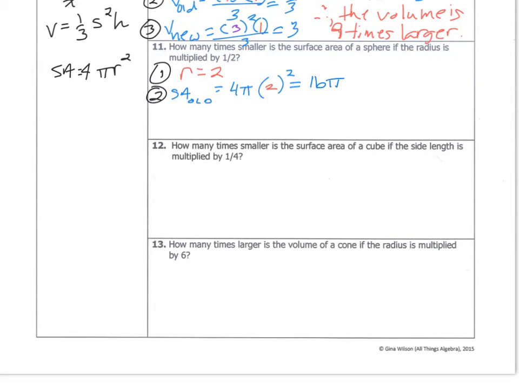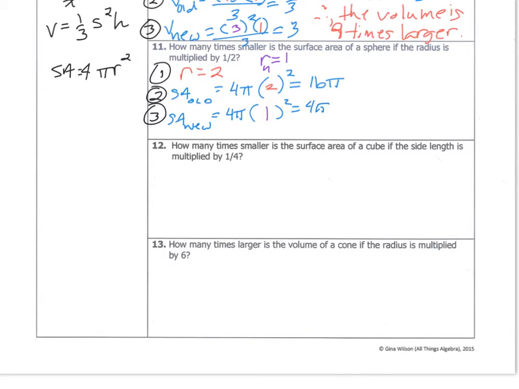And then we're going to find the new surface area. So let's find our new radius. If radius is 2 and we're multiplying it by a half, what's 2 times a half? 1. So won't our new radius equal 1? So we're going to put 1 here. What is 1 squared times 4? So we get 4 pi.